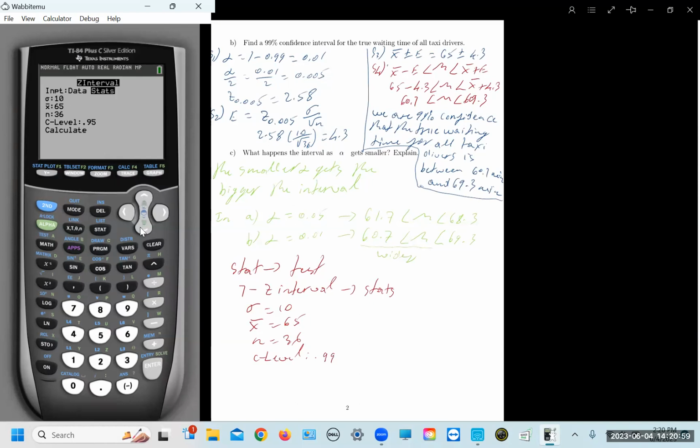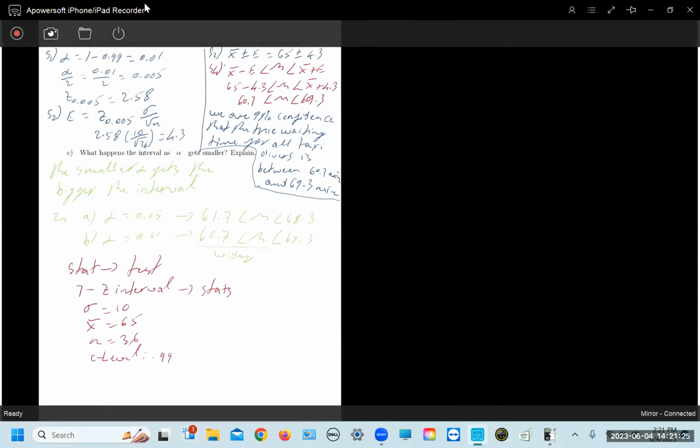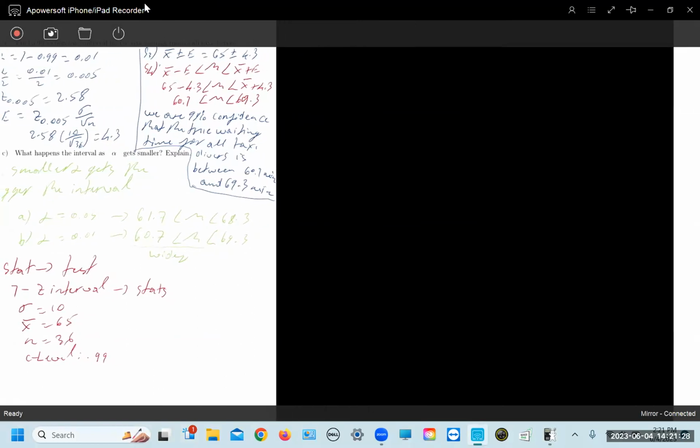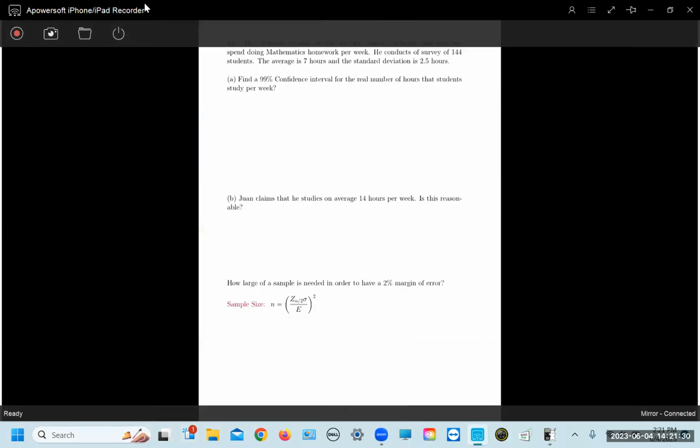So we have start, sigma 10, and this one is correct, and the C level is 0.99 because we want to do this, and enter for calculate. So we get this right here, and this one is right here. So that's how we get this. And then we can go for the next one.